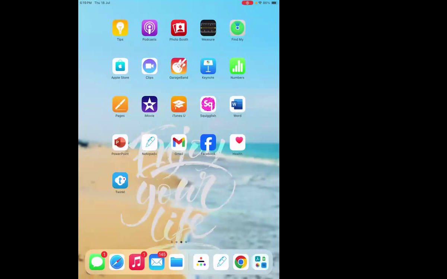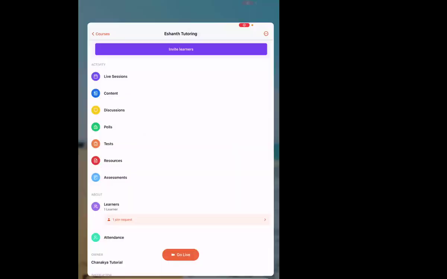I'll show you the marking scheme of one paper, what it actually is. Okay, so I'll show you the paper and the marking scheme.